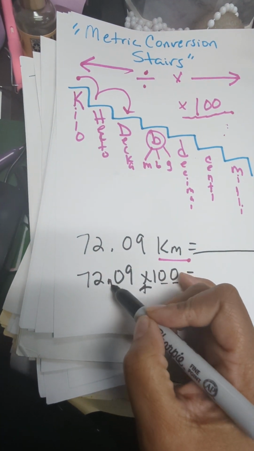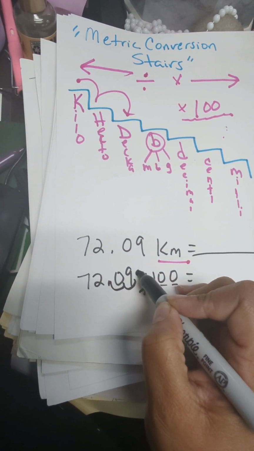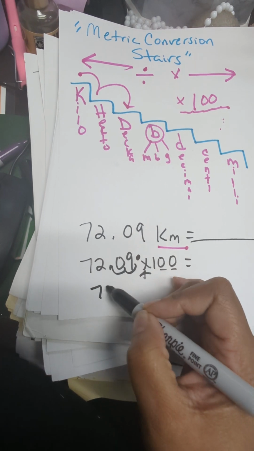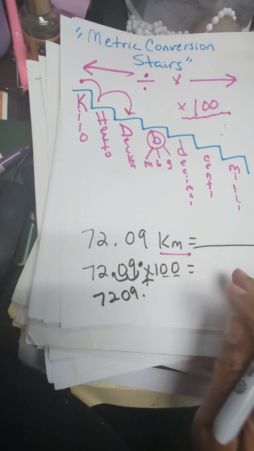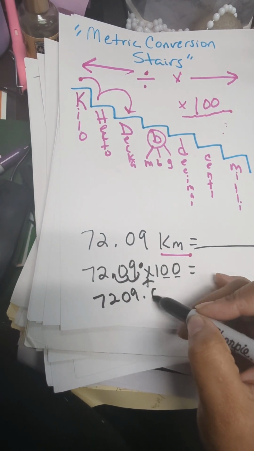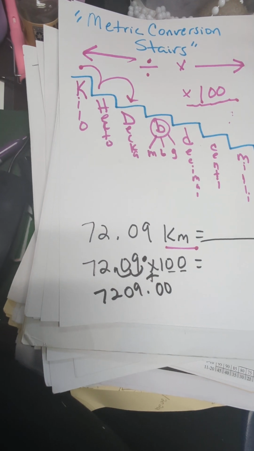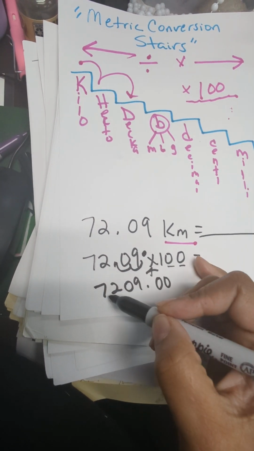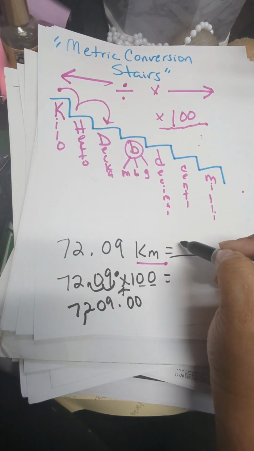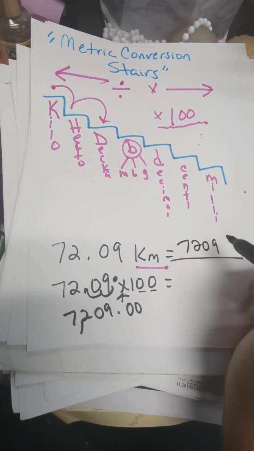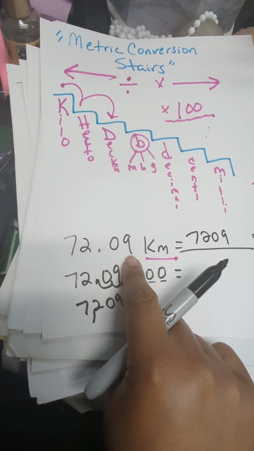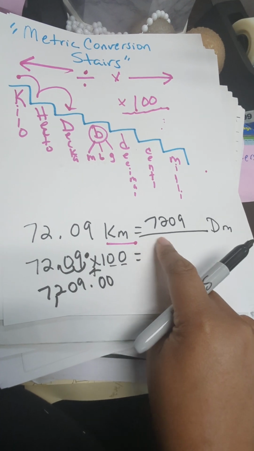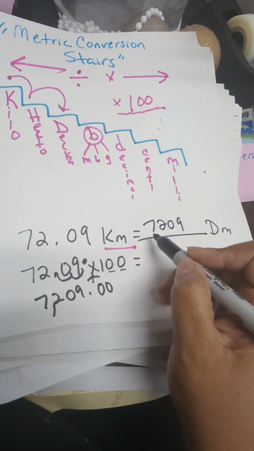So let's move our decimal. 1, 2. Replace the decimal and rewrite your answer. 7290, with a decimal at the end. They can add the zeros at the end if they like, but they still both have the same value. So our answer here is 7,290. So 72.9 kilometers is converted to 7,290 decameters.